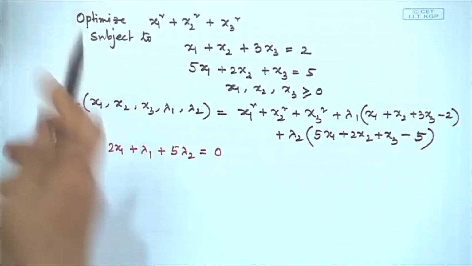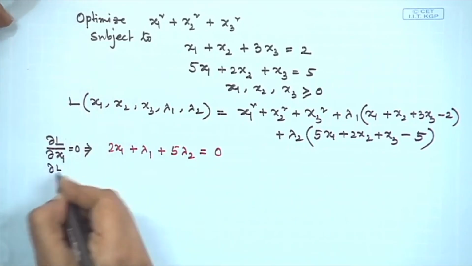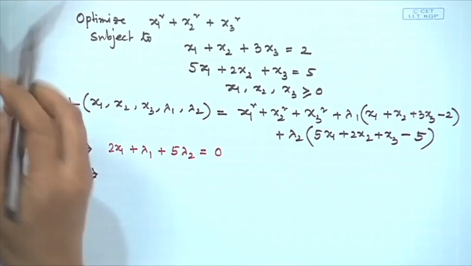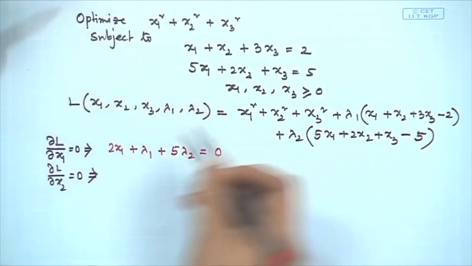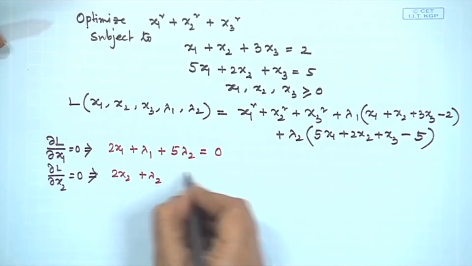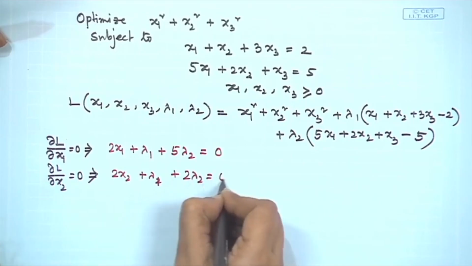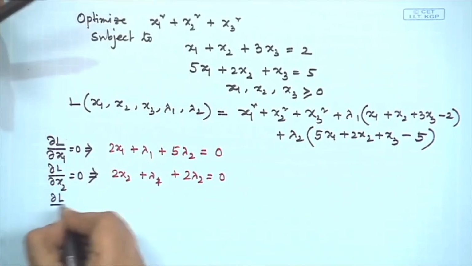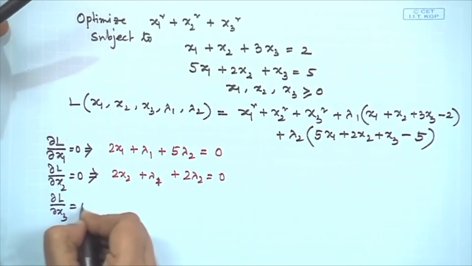The second one, del L by del x2 is equal to 0, gives us 2x2 plus 2 lambda 1 plus 2 lambda 2 equal to 0, and the third one, del L by del x3 equal to 0.